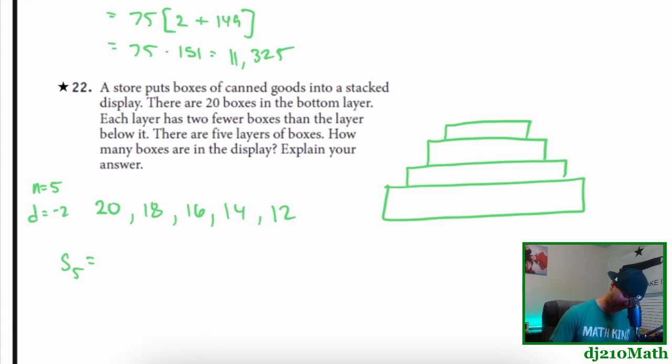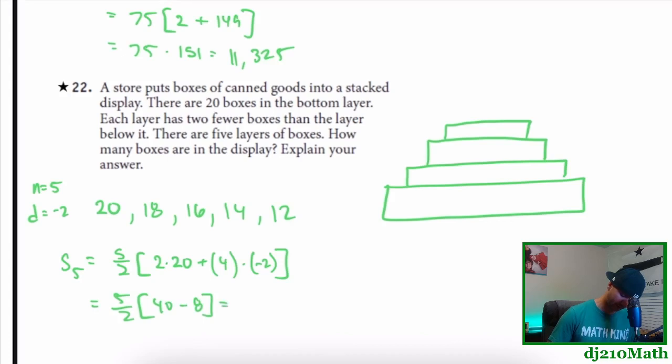So 5 halves. 2 times the first term plus n minus 1 times the common difference. 5 halves. So 2 times 20 is 40 minus 8, which is 5 halves times 32.